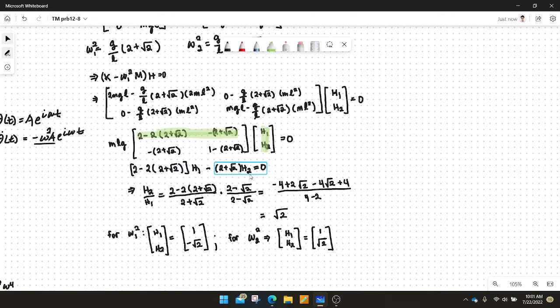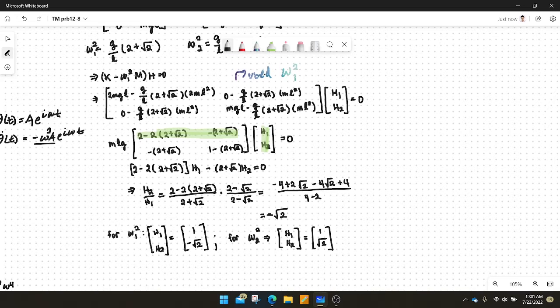Doing so yields the value of square root of 2. So for H1 equal to 1, H2 has to be equal to, oh, it should be negative. This H2 should be negative square root of 2. Following the same procedure, in this one we used omega 1 squared.